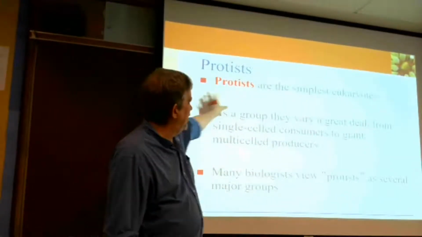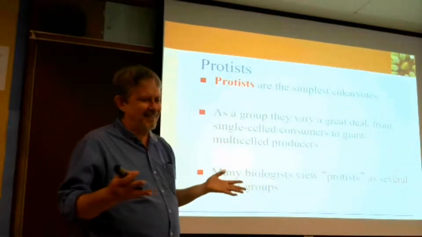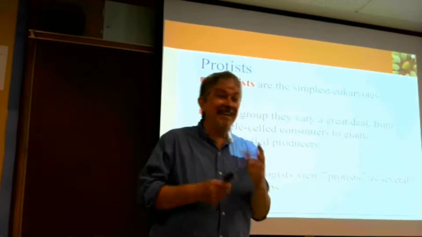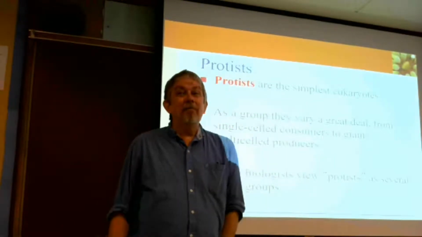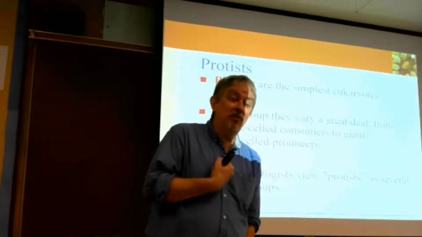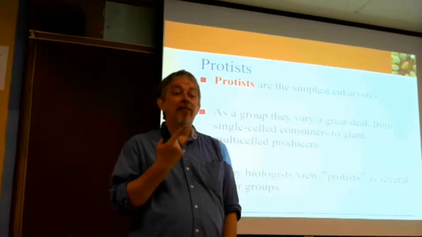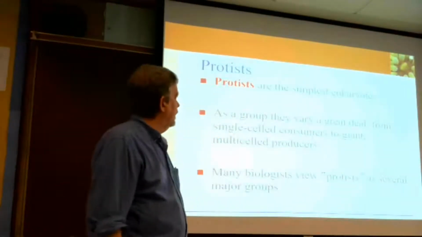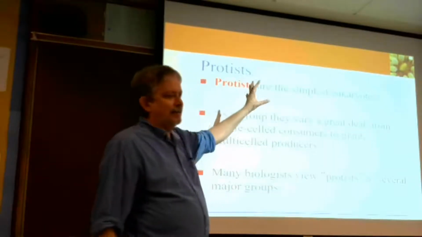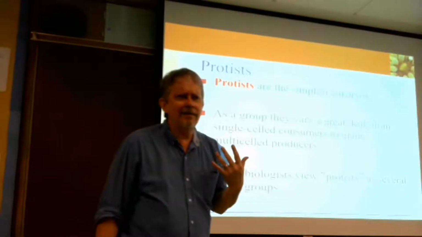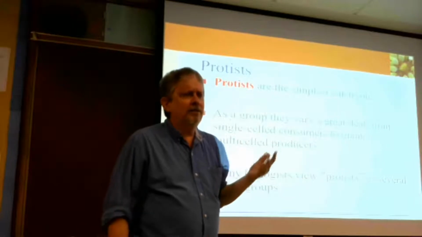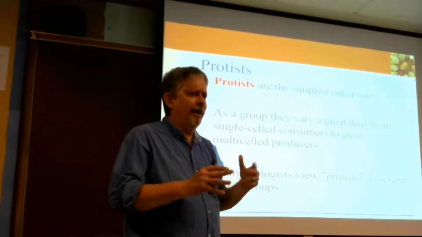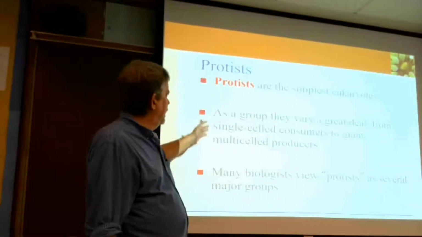Protists, I don't like to cover protists first because, what is a protist? This is a kingdom. Protist is everything that has a nucleus that is not a plant, an animal, or a fungi. So they're just dumped into this category. This is the only category in science that is defined by what it's not. It has a nucleus, so it is a eukaryote, but it's not a plant, it's not an animal, it's not a fungi.